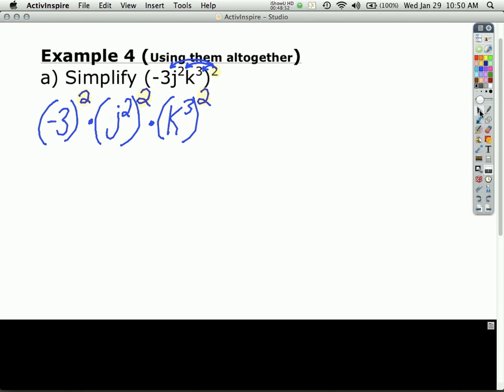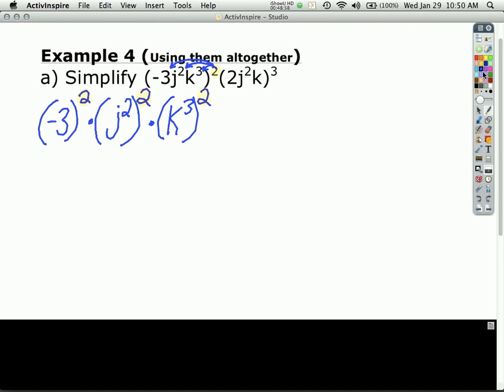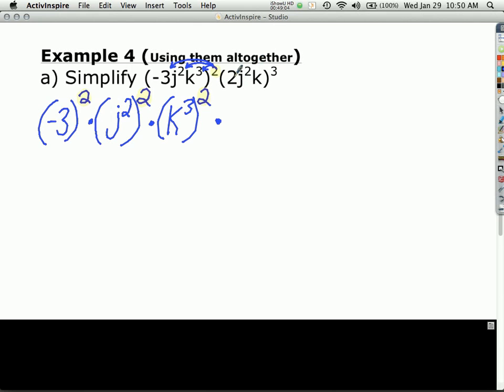Okay, let's put back the rest and do the same thing here. This whole expression is being multiplied by this whole expression. And now we're going to have a 2 brought to the 3rd power.